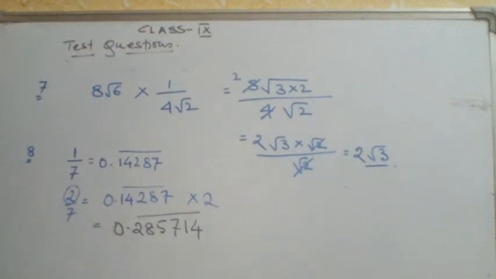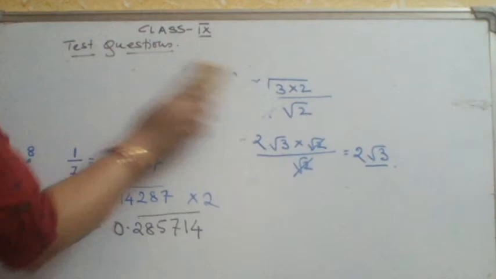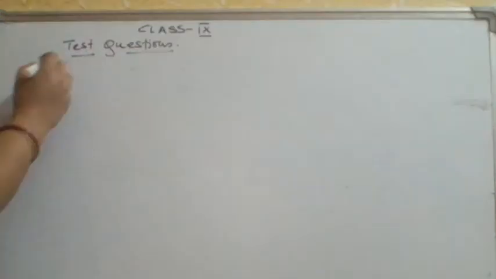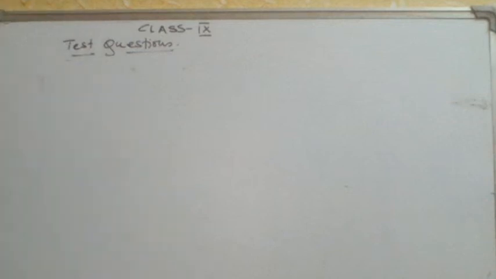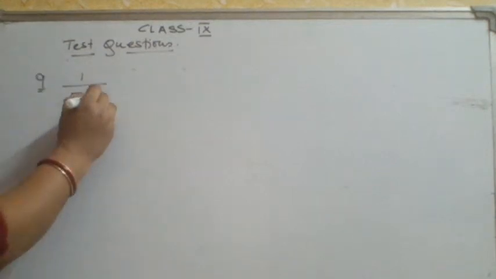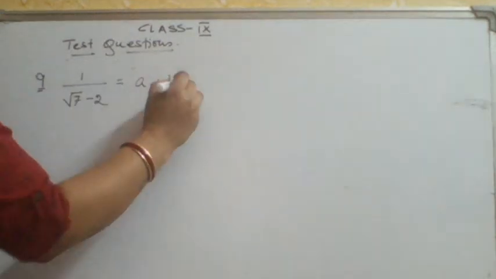Now the ninth question goes here. The ninth question says: 1 upon root 7 minus 2 equals a plus b root 7.